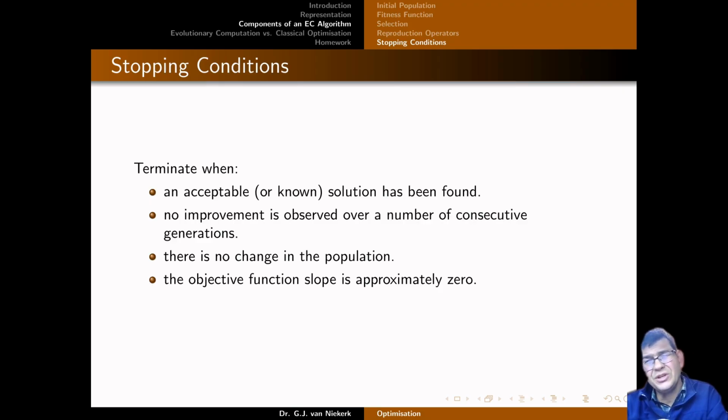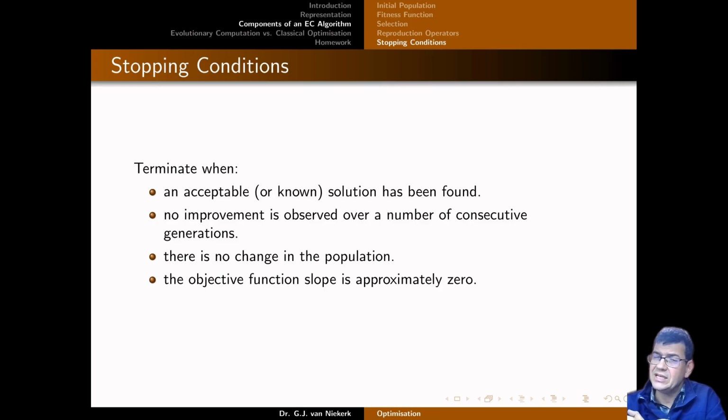Now you can also stop after a set number of iterations or after some time, but that's usually not used in practice because you don't know when to stop and you don't know how many generations you require. But of course, typically when your evolutionary algorithm is in a loop of its own, in other words, maybe you are comparing evolutionary algorithms with one another, maybe in a grid search or trying to optimize parameters, then it could happen that you say, okay, run this algorithm for a minute, let's have a look at the results, and then decide if we're going to tune the parameters a bit more to try again.